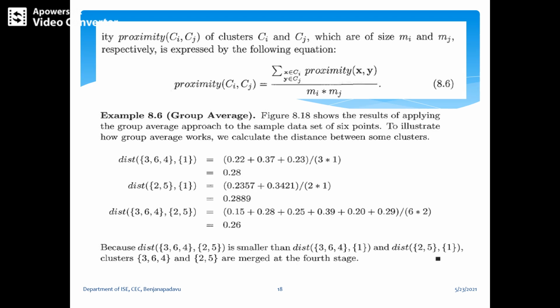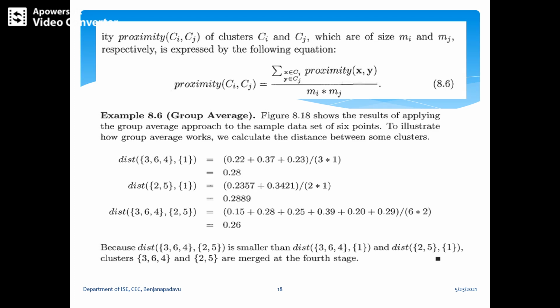Because the distance between 3, 6, 4 and 2, 5 is smaller than the distance between 3, 6, 4 and 1, the clusters 3, 6, 4 and 2, 5 are merged in the fourth stage.